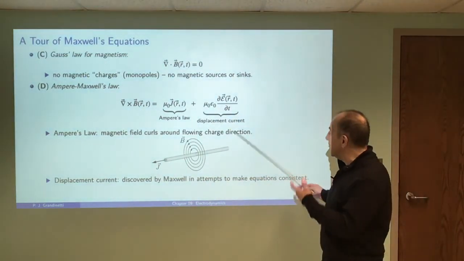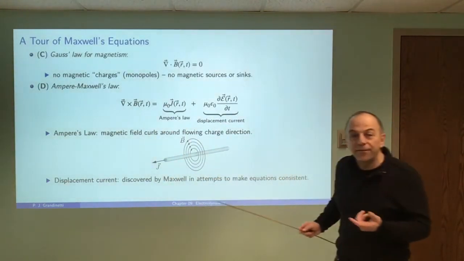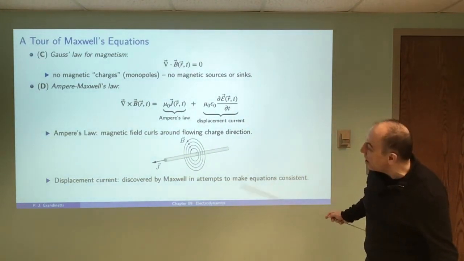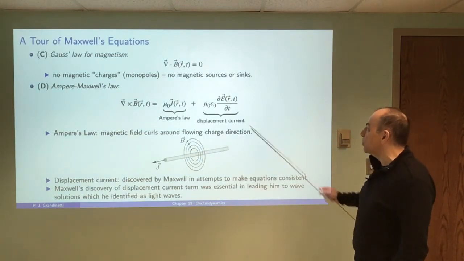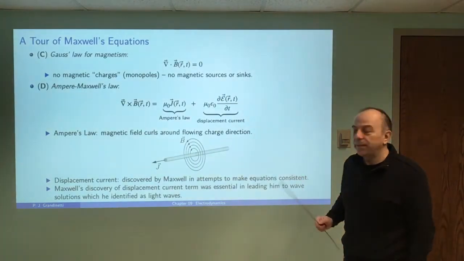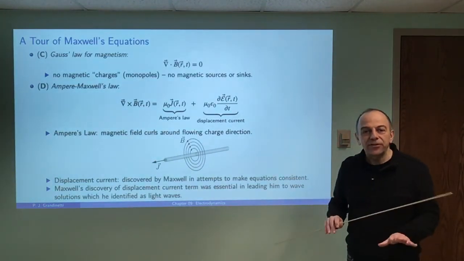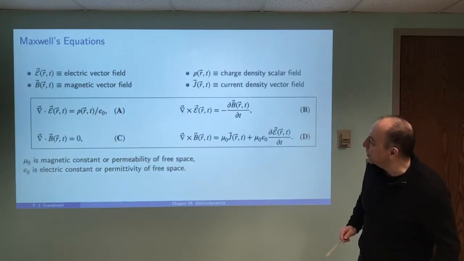He needed to put in this term, where a changing electric field causes a curl of the magnetic field. This is what's called the displacement current, and it makes all of his equations consistent. The discovery of this term was essential for him to come up with the discovery of light waves.